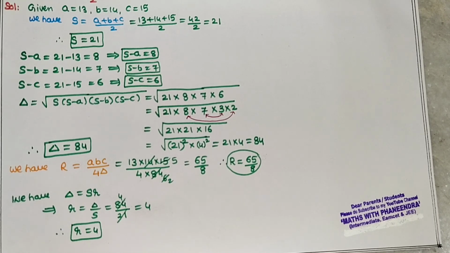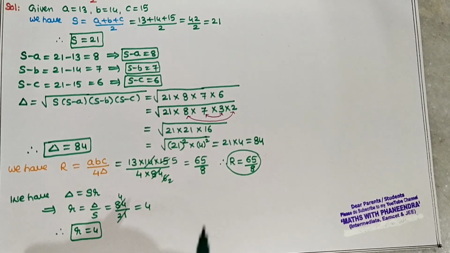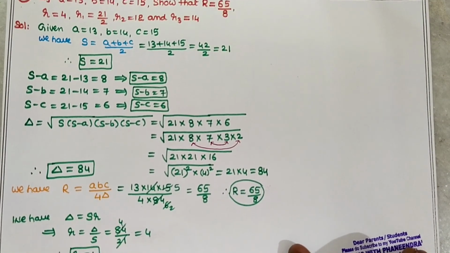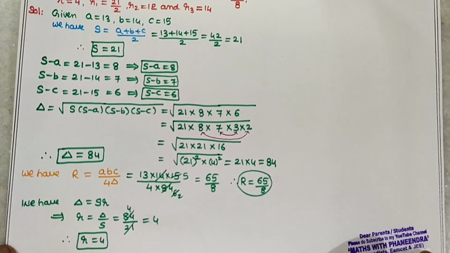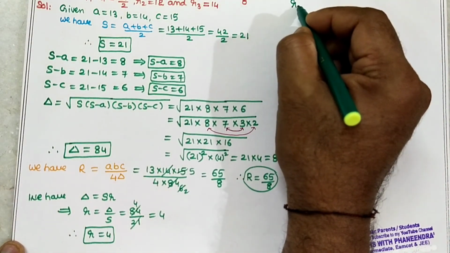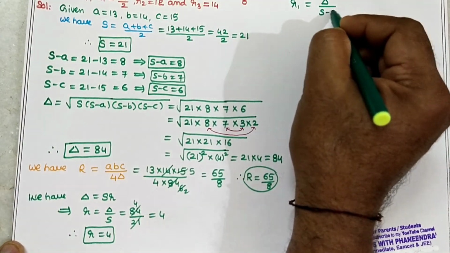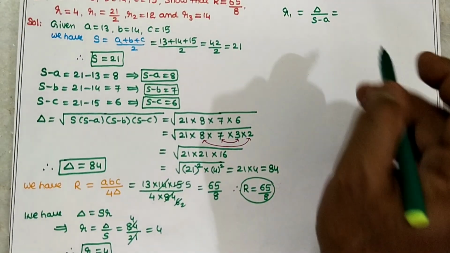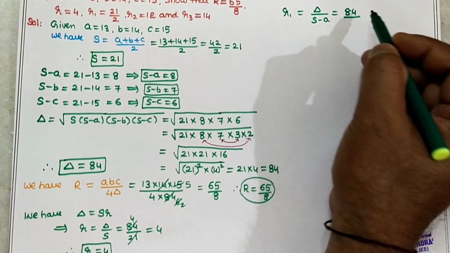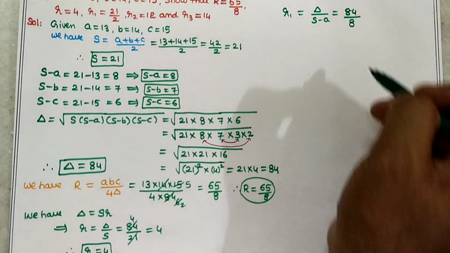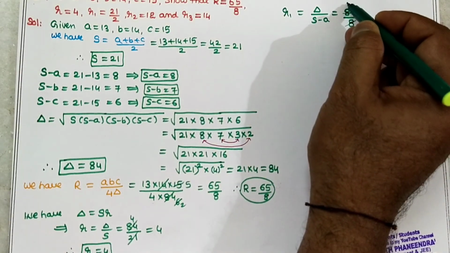Next, which value can we calculate? r1 value. r1 means delta by s minus a. So r1, next step, delta by s minus a. What is the delta value? Delta is equal to 84 divided by s minus a value, which is 8. 4 twos are 4, 21s.